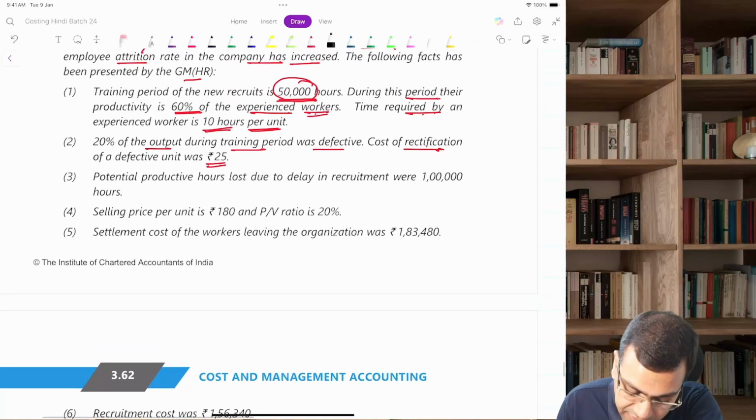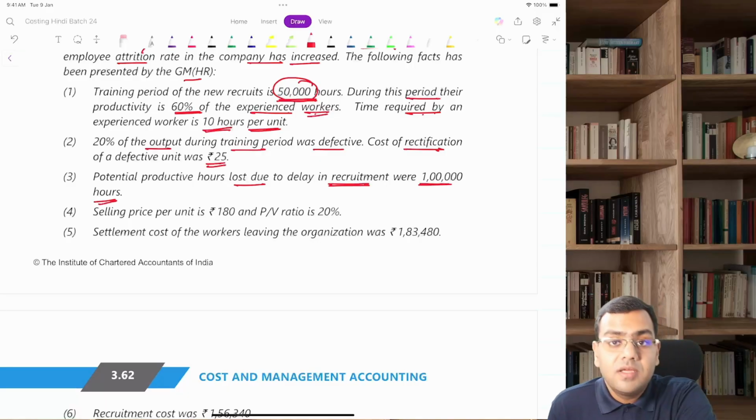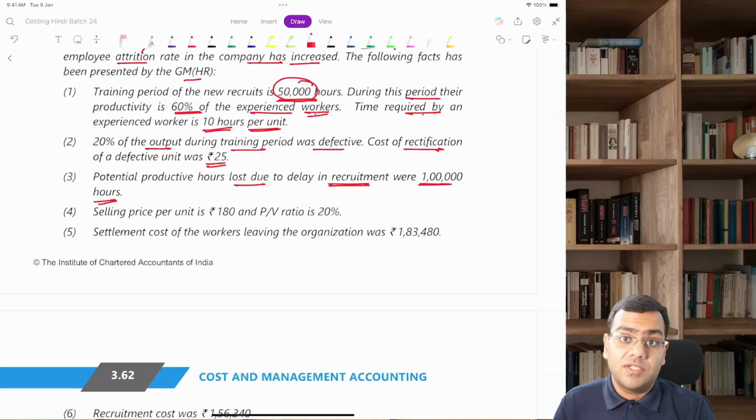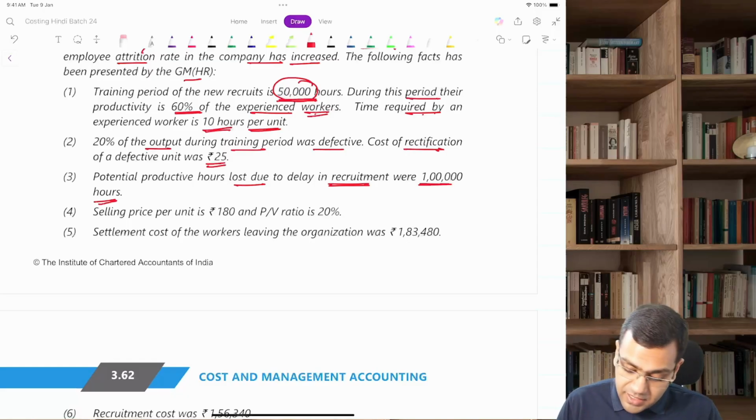Potential productive hours lost due to delay in the recruitment was 1 lakh hours. Because there was a delay in the recruitment, these 1 lakh hours were potentially productive hours. Had there been no labor turnover, you could have produced a good number of units in this 1 lakh hours. But now because of the labor turnover, this 1 lakh hours is a loss, right? So this is a loss again.